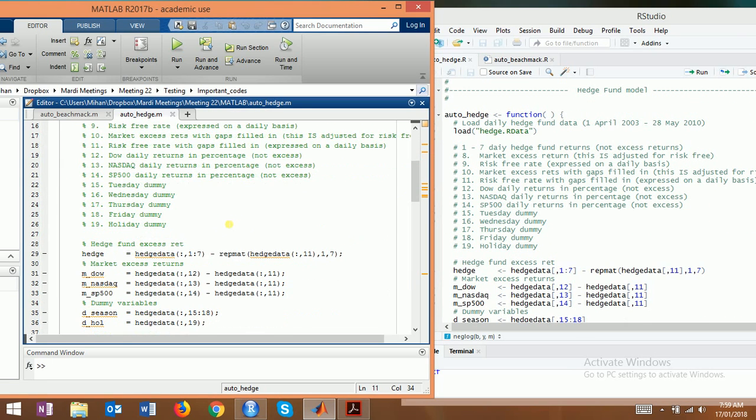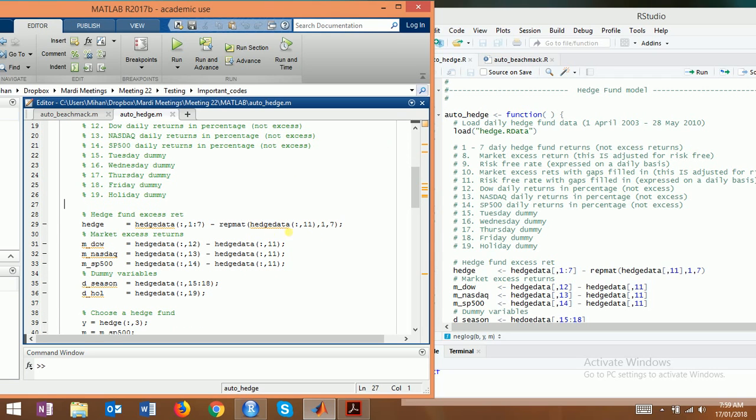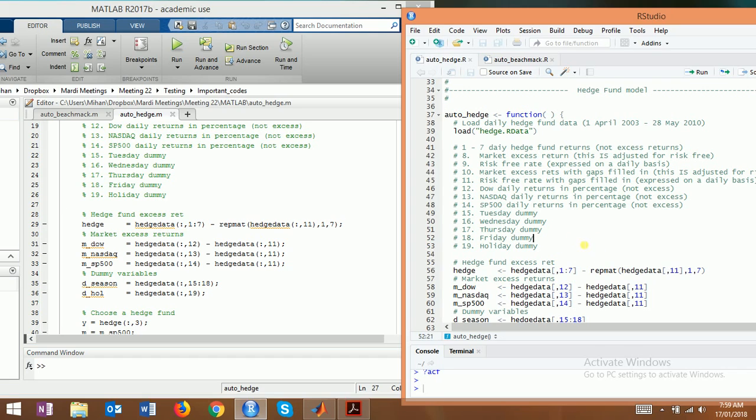So we load the data. Then excess return, we need to find the returns.